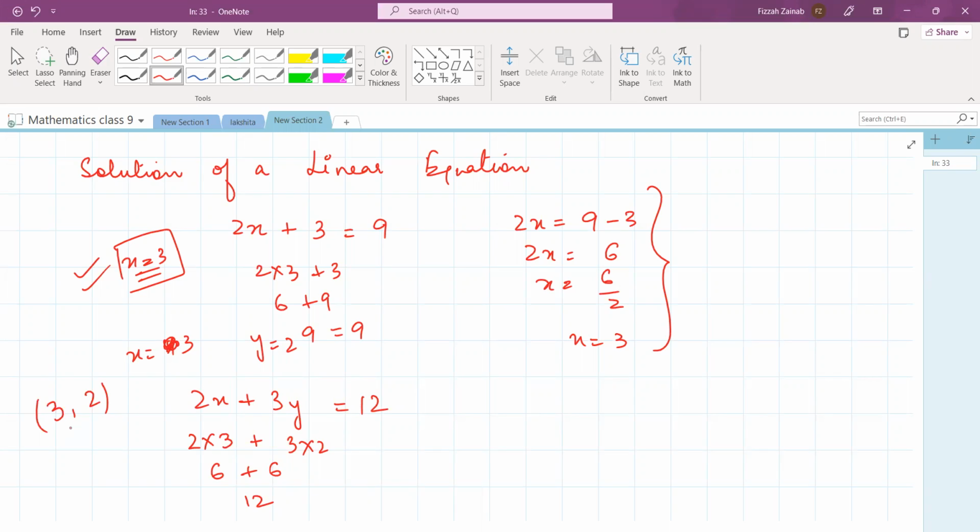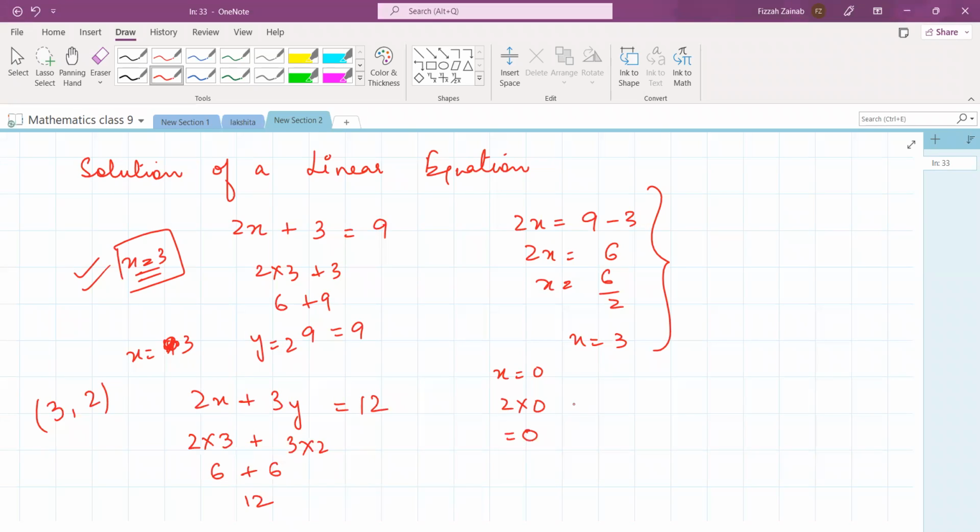Okay. Do you think there is any other value which can also satisfy this? Ma'am, can you put 0 for one of the variables? Yeah, okay. If I take, let's say, x is equal to 0, right? So I get 2 into 0, which will actually give me 0, right?